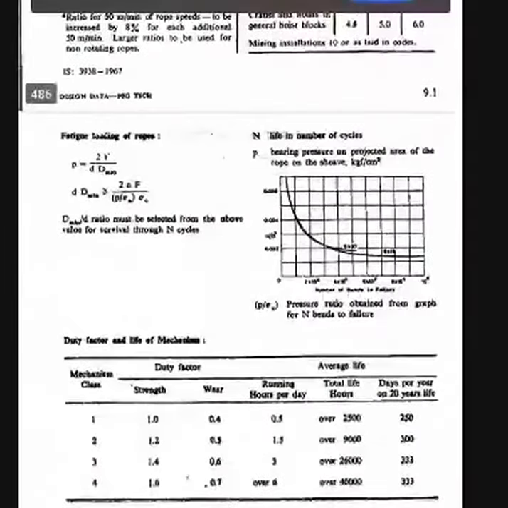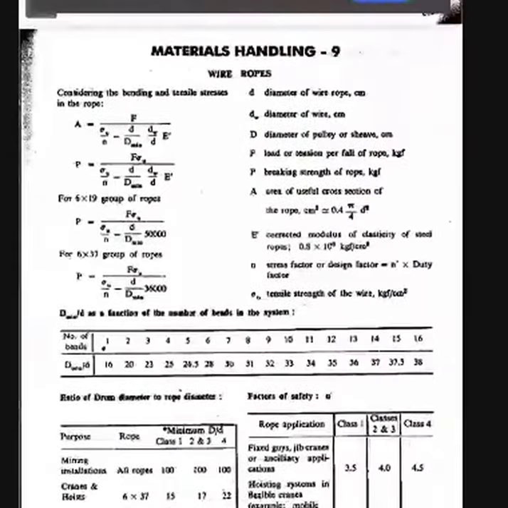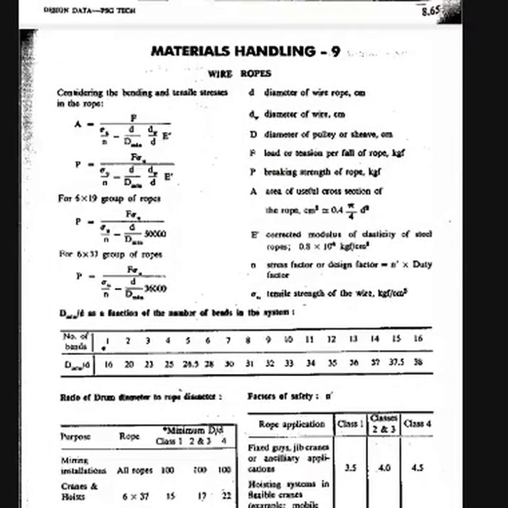If you can see, I am showing you. This is 9.1, wire ropes. The name of the chapter is material handling, and in that, the first topic is wire ropes.